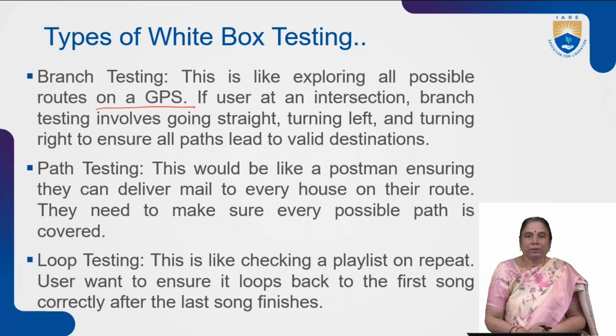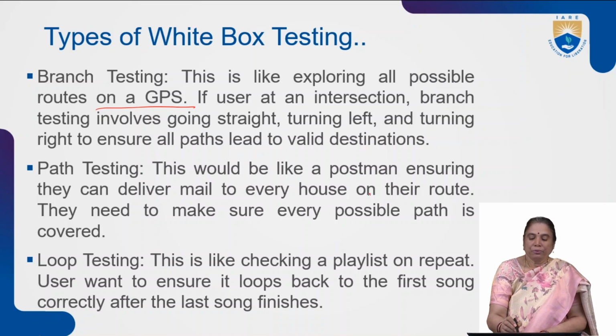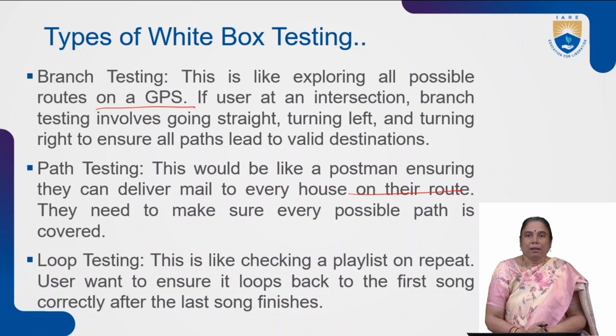The next is path testing. This is like a postman ensuring they can deliver mail to every house on their route. So code coverage is carried out for each independent path, guaranteeing the thoroughness of the code.